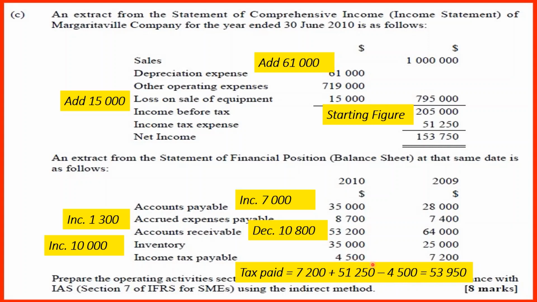The movement between is merely 1,300, but actually we also have this amount here to put in. So it's 51,250 that would be added to the 7,200, and then we minus the amount that we have left to pay. So we get the amount that is paid of 53,950.